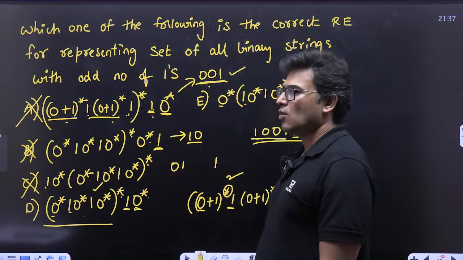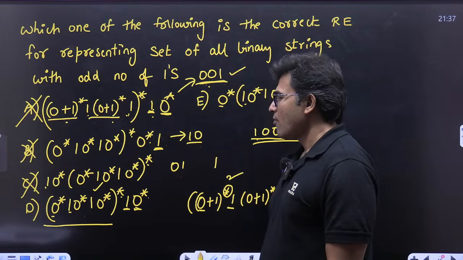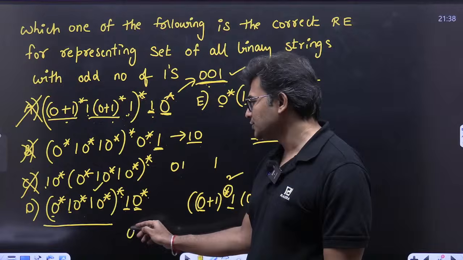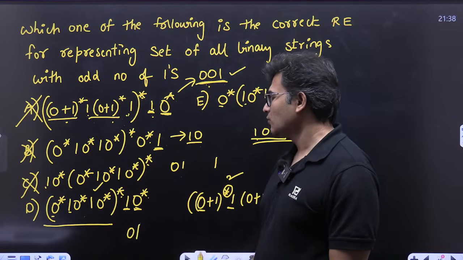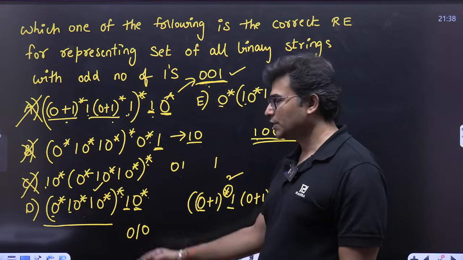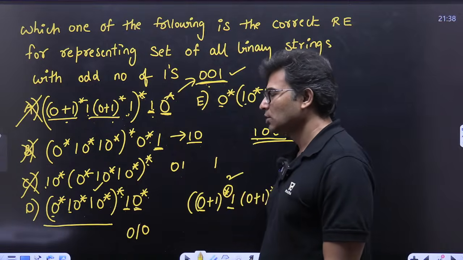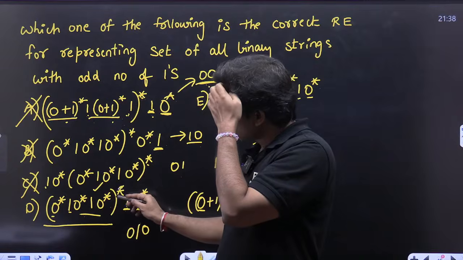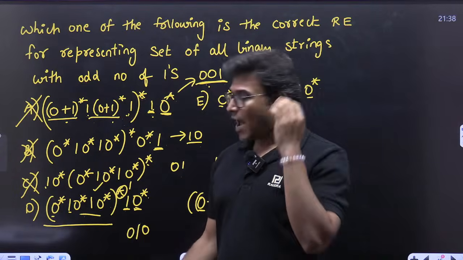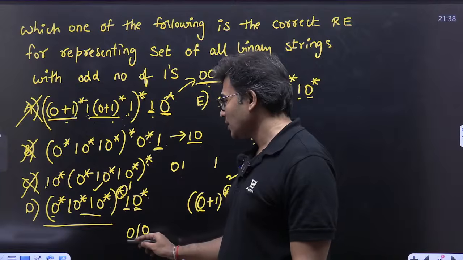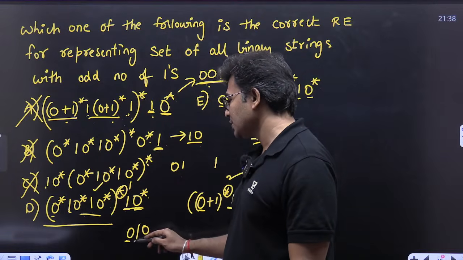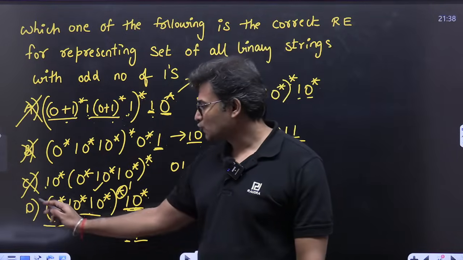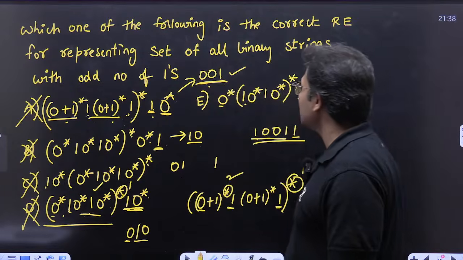Now if I want a single 0, followed by a 1 followed by a 0, check this. From this I will not get a single 0, because if I put a 1 here, I am definitely getting 2 ones. Even though 1 0 I can generate from here, I will not get a single 0, right. So eliminate it. Now only option remaining is E.